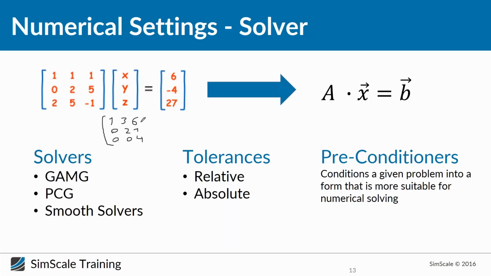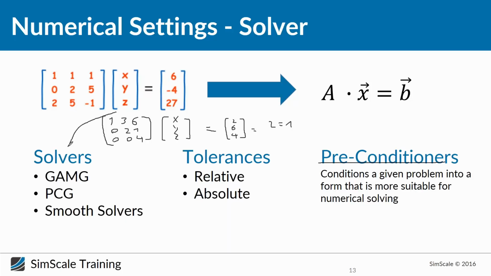If your matrix is like this, it's very easy to know what x, y, and z is, because if your matrix is looking like this, and let's say this is 4, 6, 2, then you know that because 4z is 4, that z is 1. And this is what we call preconditioners.